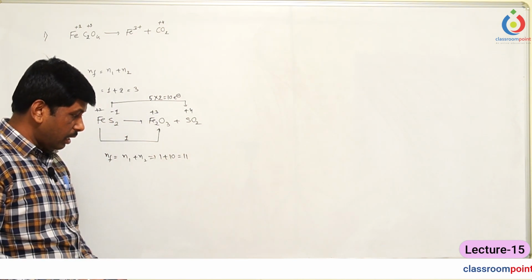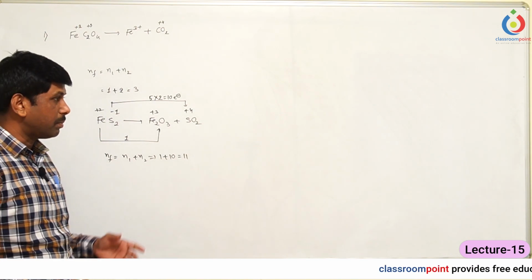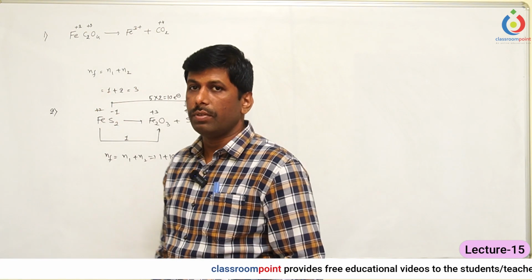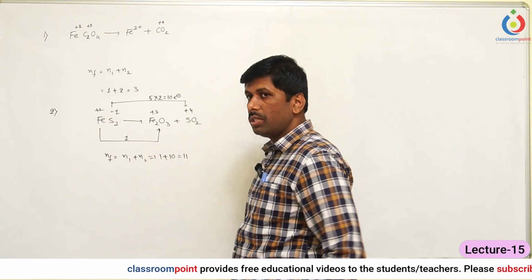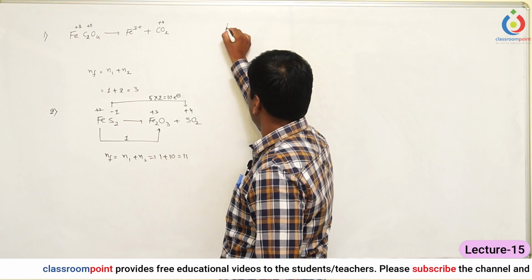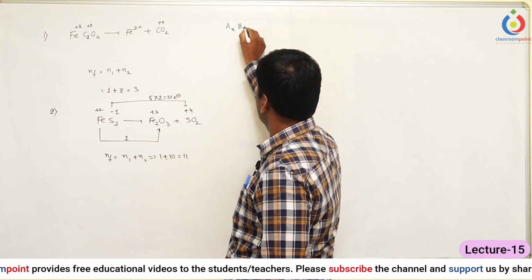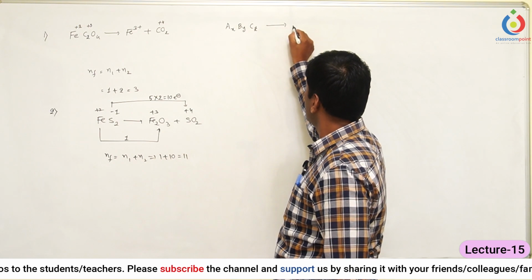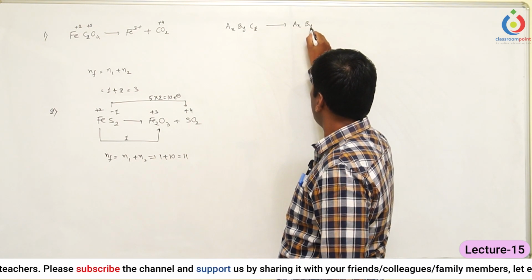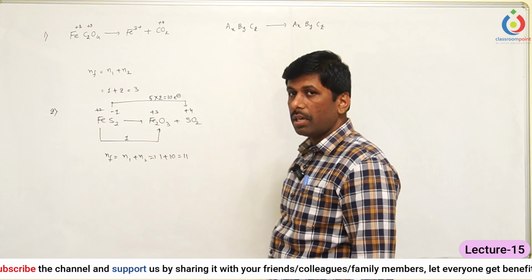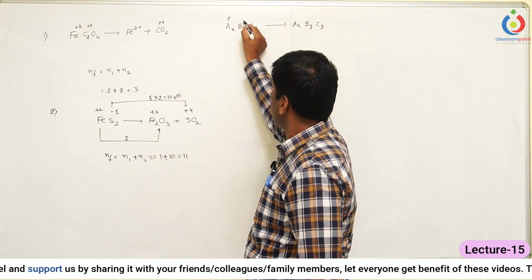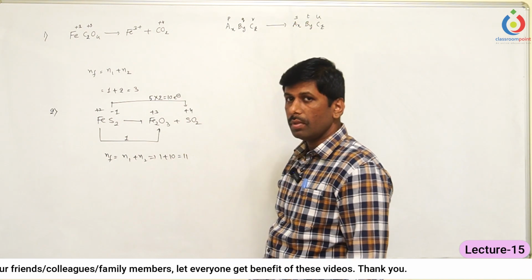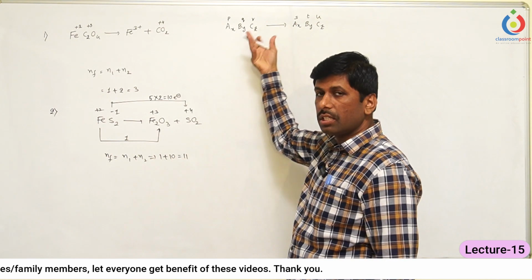So like this we can calculate the n factor value if both elements participate in the oxidation or in the reduction process. Is there any general formula for this? We can derive one general formula using the mod equations also. For example, imagine AX, BY, CZ is the molecule that changes to the same AX, BY, CZ, but now the oxidation states are P, Q, R, S, T, U. Here you can take other values also; it is changing to some other compounds.